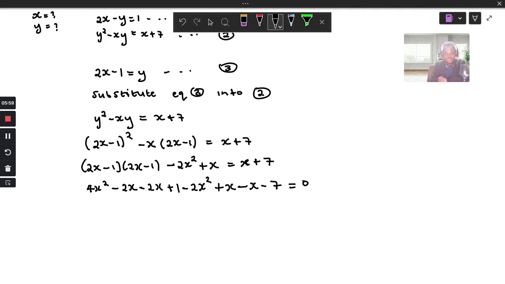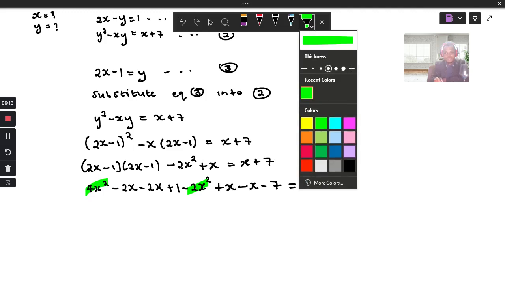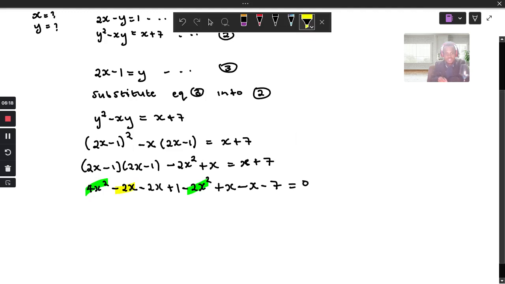So now you try to see what is common. Here you have 4x squared, here you have minus 2x squared, and here you have minus 2x, and x minus x.